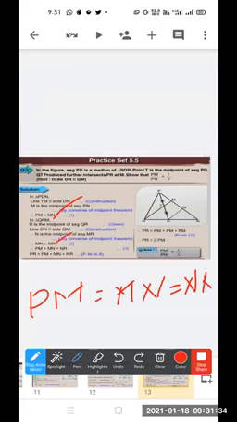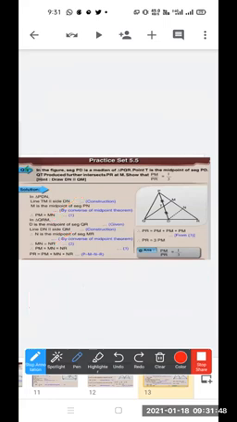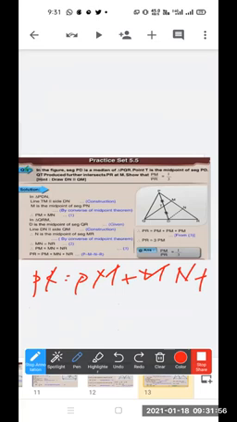Now see here, PR. So PR is equal to what? PM plus MN plus NR.